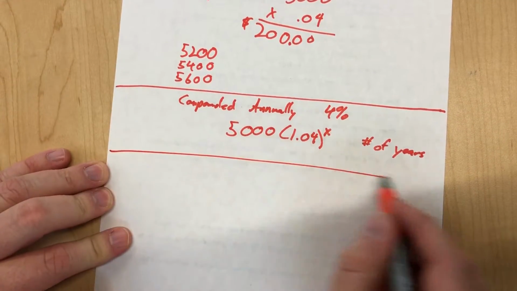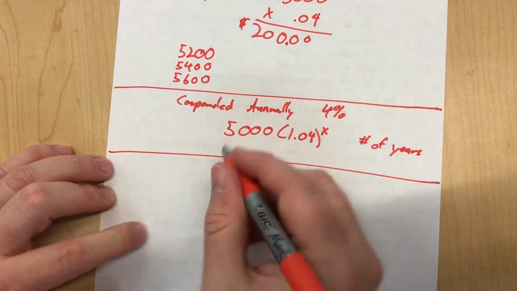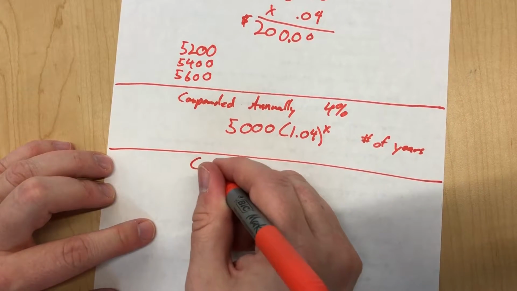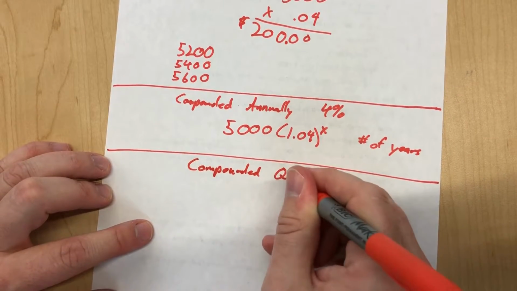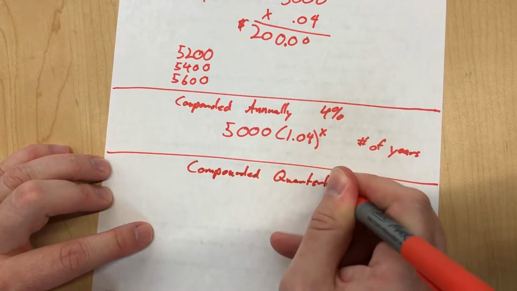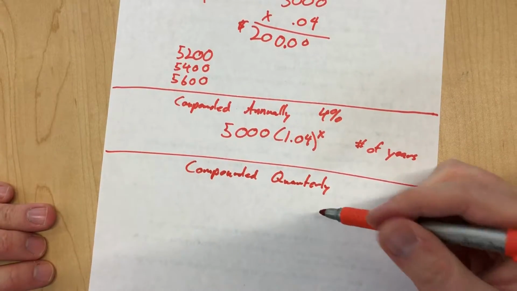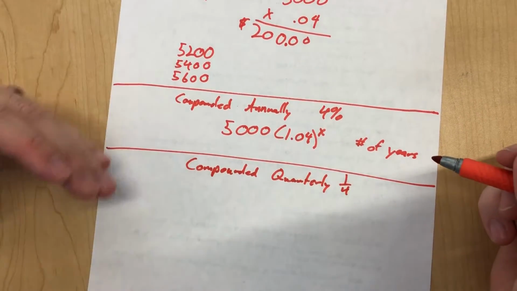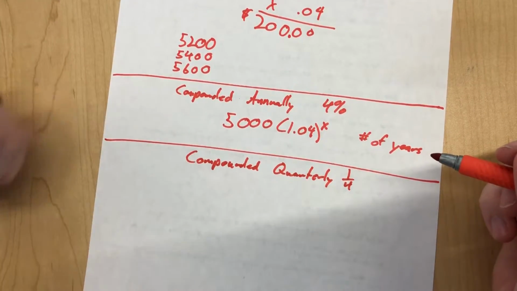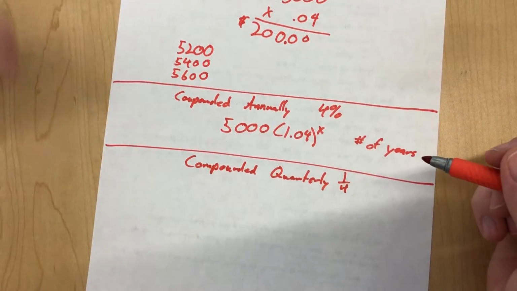The last one I wanna talk to you about, and this is, I think, as far as we're gonna go in this class this year, is compounded quarterly. Okay, this means that they are going to do it in every quarter of a year. So every 3 months, they're going to compound your money and make that redeposit.